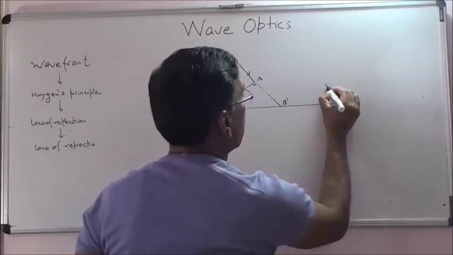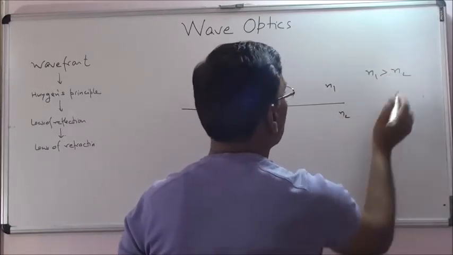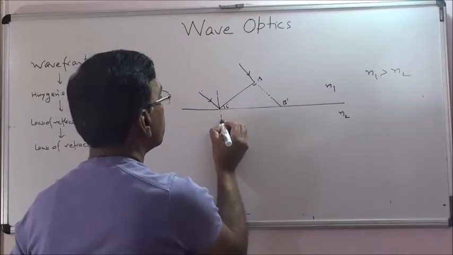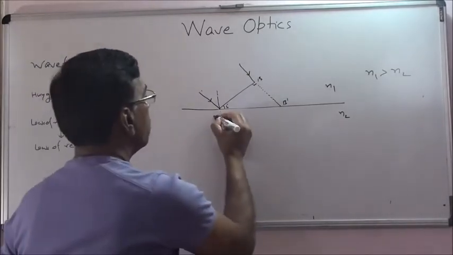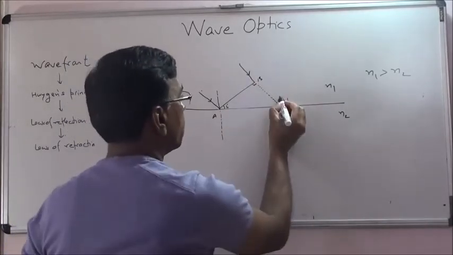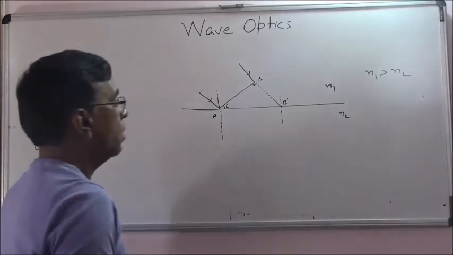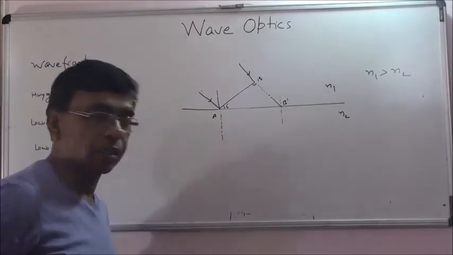Now this is N1, this is N2, but N1 is more than N2. So this is rare. Now by the time the secondary wavelet from B reaches B dash, the secondary wavelet from here will cover more distance.